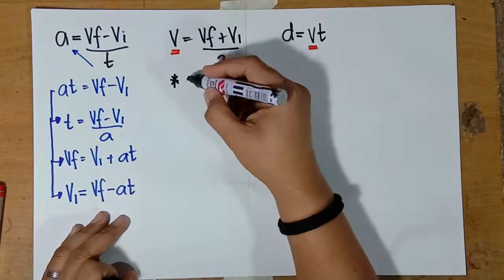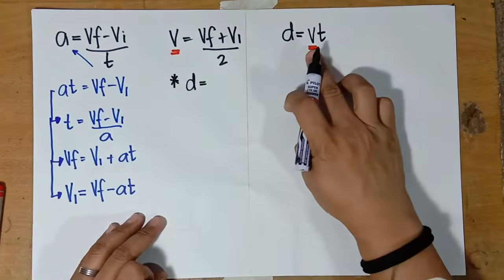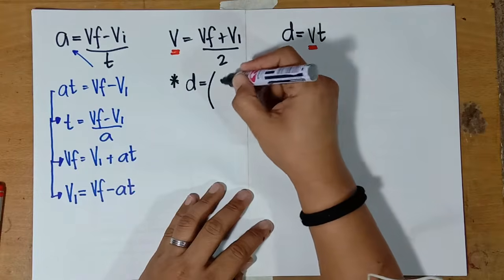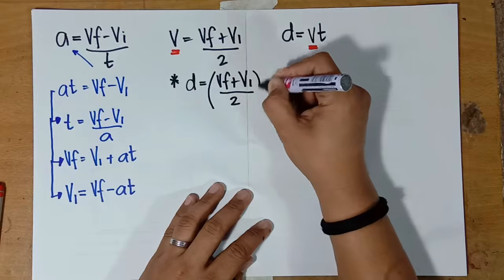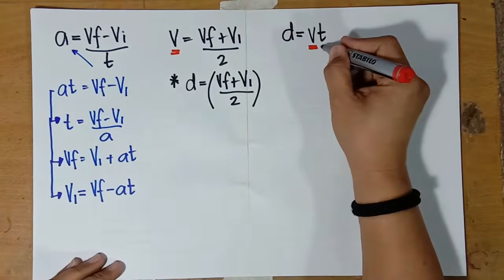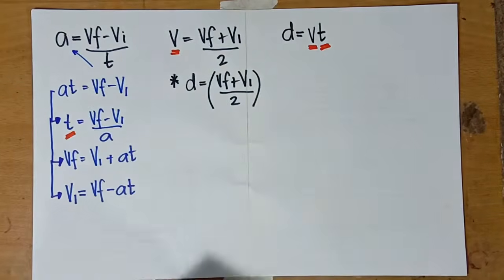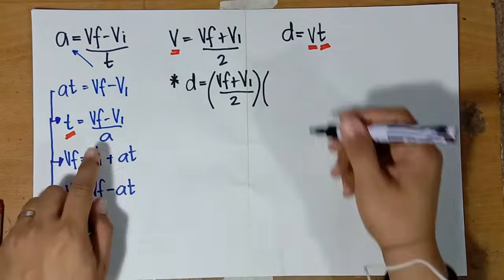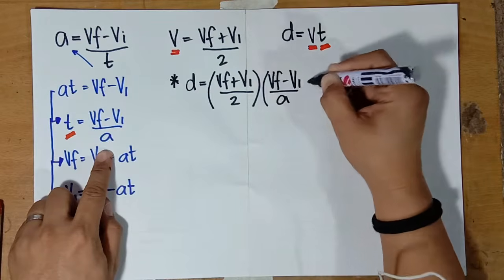So I will have d is equal to, instead of writing v, I will substitute it with Vf plus Vi over 2. And then this t here will be substituted with the t here, and that will give us Vf minus Vi over a.